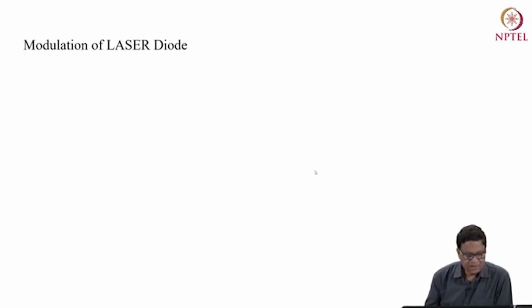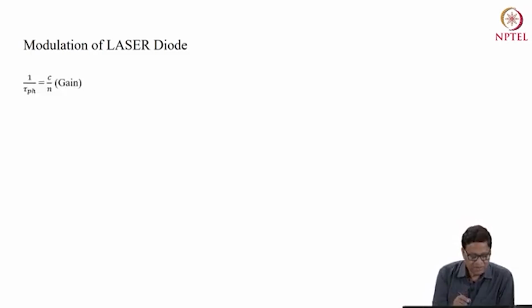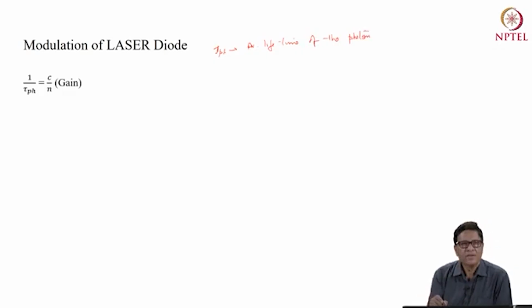Now let us understand about the modulation of laser diode. The modulation of the laser diode is defined as follows: 1 by τph, where τph is the average lifetime of the photon, either it comes out of the device or it gets absorbed.